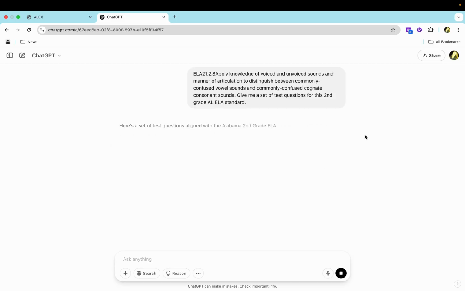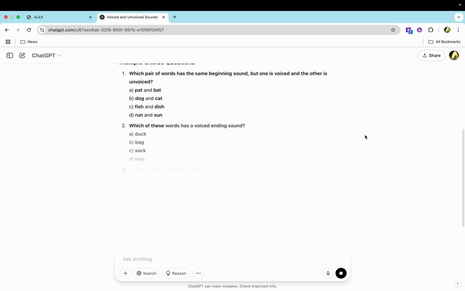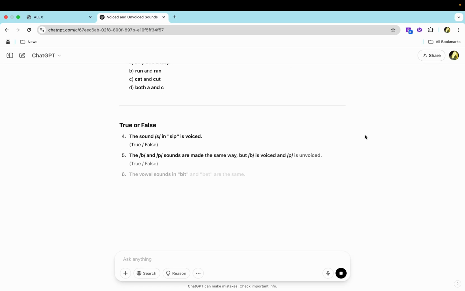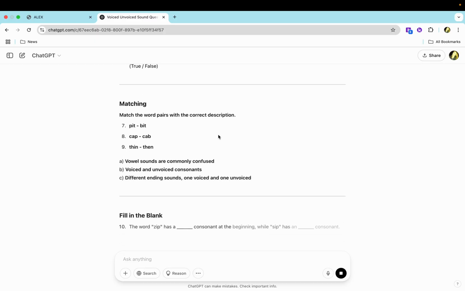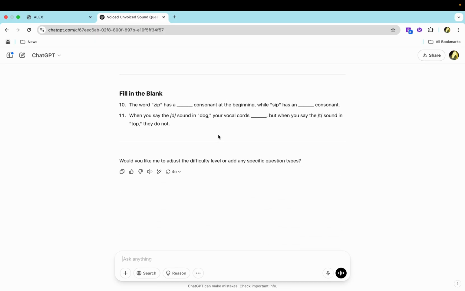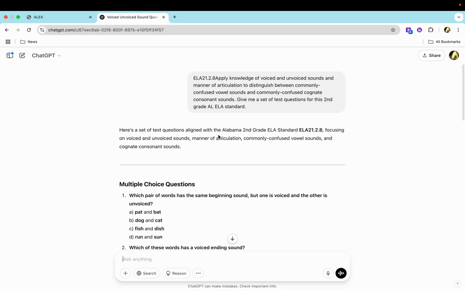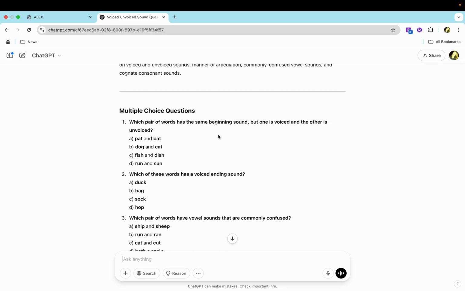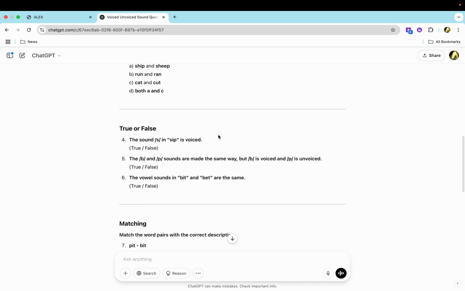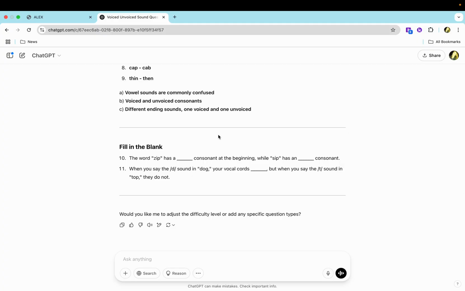Send. Okay. And it gave us 11 questions for a test that you could give in your classroom. It gives you multiple choice, true, false, matching, fill in the blank. Okay, and then it asks you, would you like me to adjust the difficulty level or add any specific question types?